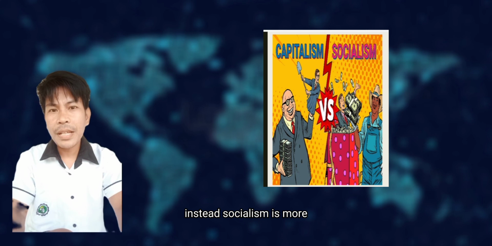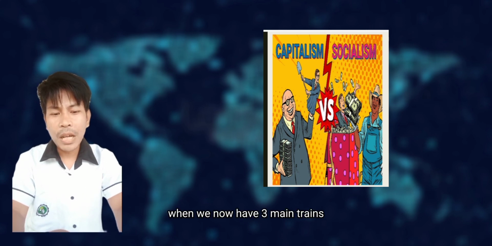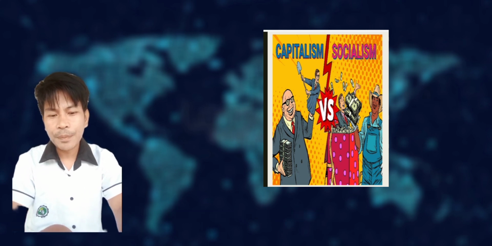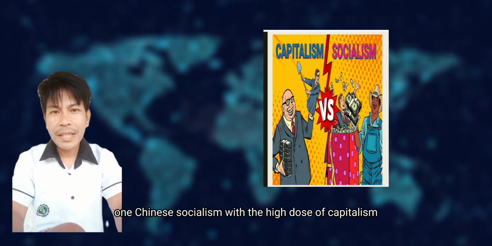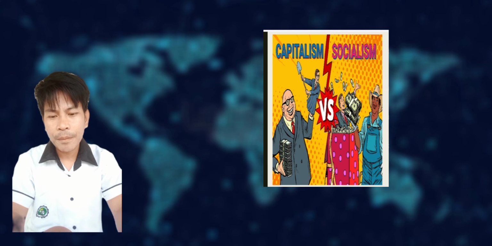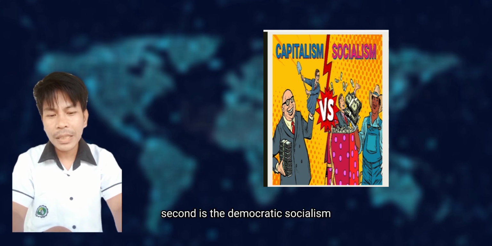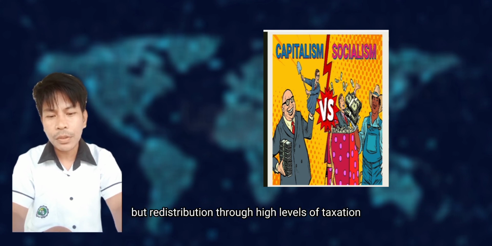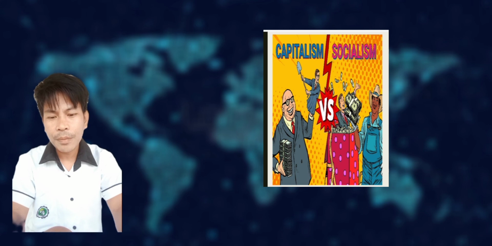Instead, socialism is more varied, and we now have three main trends. First, Chinese socialism with a high dose of capitalism but no democracy. Second is democratic socialism such as in Northern Europe, with democracy and private property but redistribution through high levels of taxation.